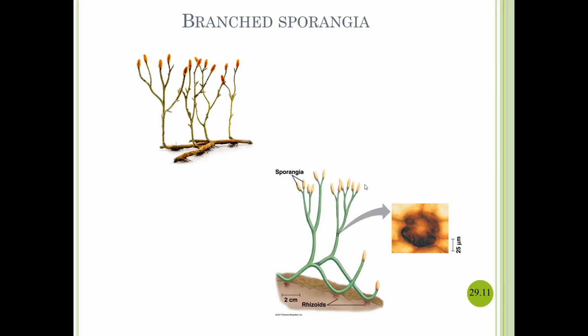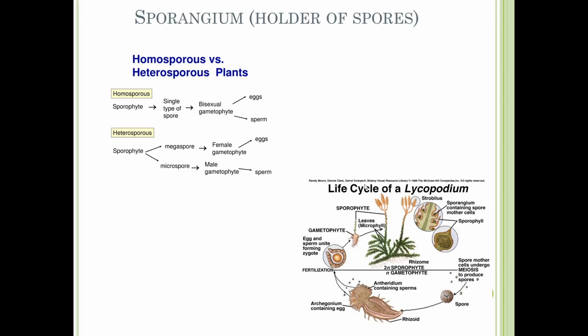Okay, so in your notes 2B, part 1, we're going to talk about spore production. I just went through that quickly there as a reminder from the alternation of generations life cycle. But one thing that I want to point out is that plants are either going to be homosporous or heterosporous.